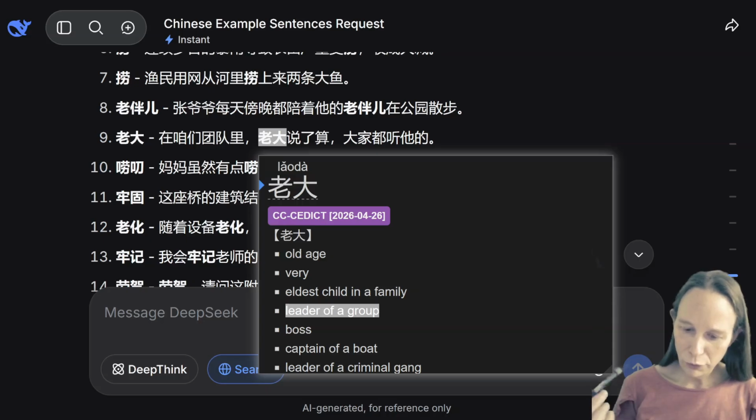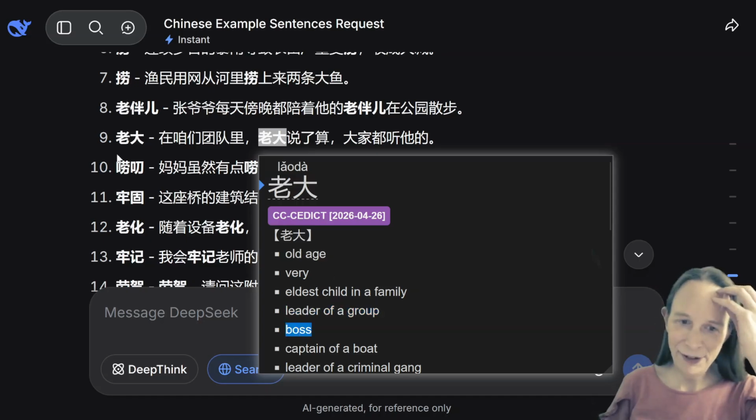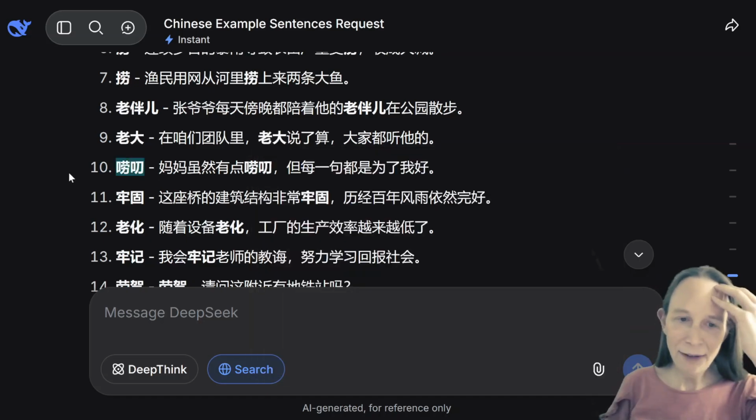Okay, 船老大, like a captain of a boat. All right. And 老大很非常, 老大吃惊, 心中老大不快. But what's the leader of the group one? It didn't have that one, did it? All right. Maybe it's just another word for boss kind of thing.